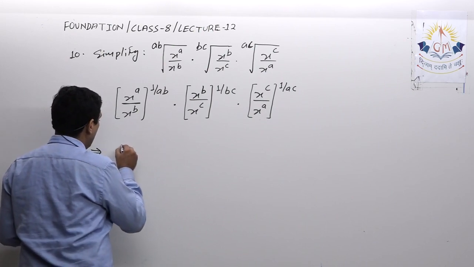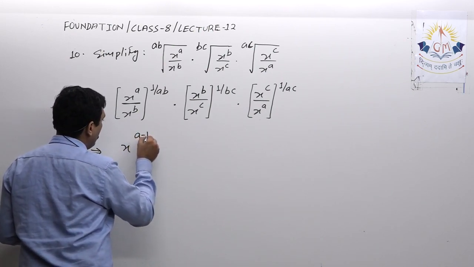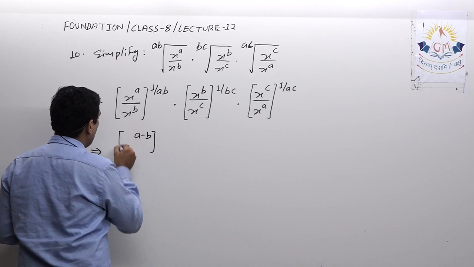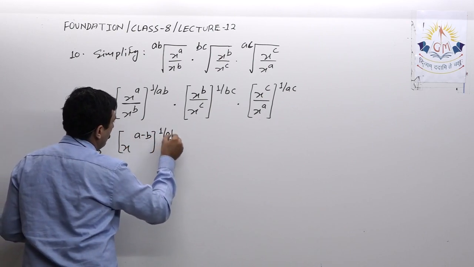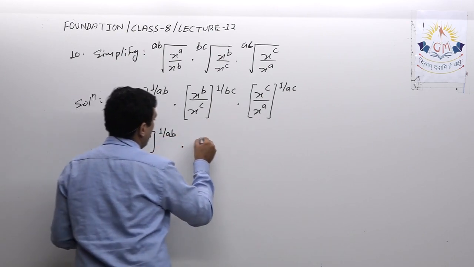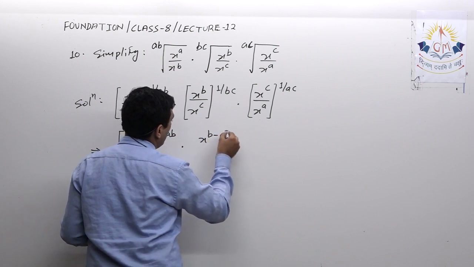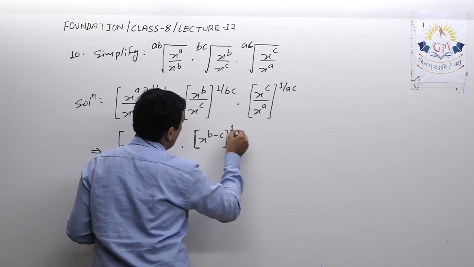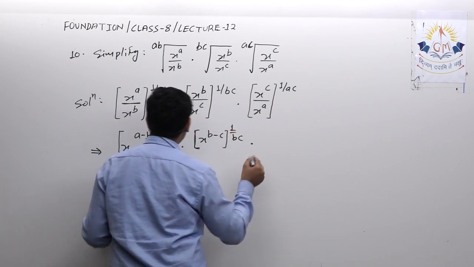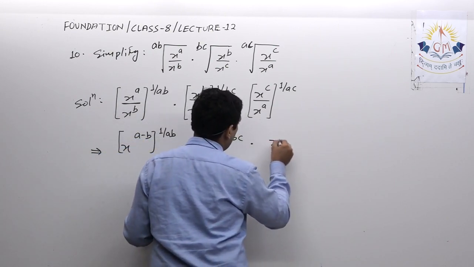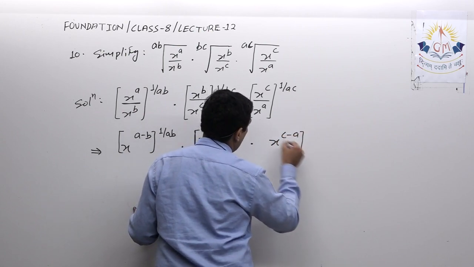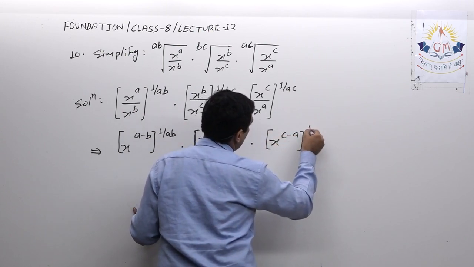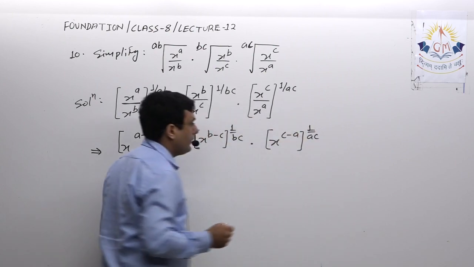So this will become x raised to A minus B raised to 1 upon AB into x raised to B minus C raised to 1 upon BC into x raised to C minus A raised to 1 upon AC.